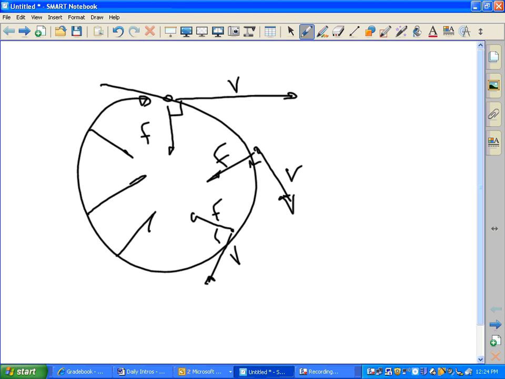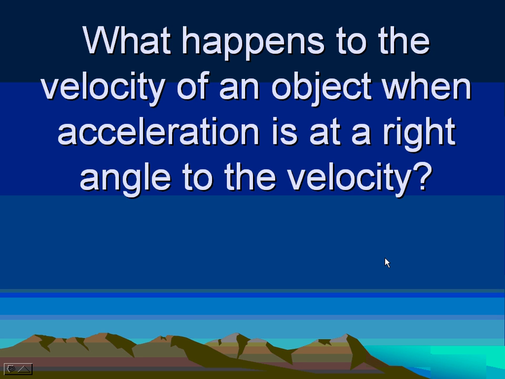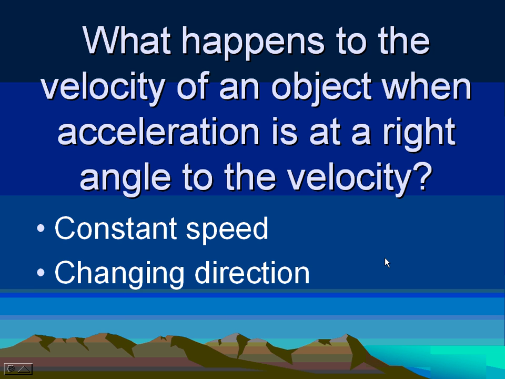So you're also changing the direction of the force. The force is always perpendicular to the direction of motion. This is how we create uniform circular motion. Okay? So when I apply a force perpendicular to the direction of travel, I still have a constant speed. The speed does not change. It doesn't speed up or slow down, but what I do get is a new direction. And this is how we generate uniform circular motion.